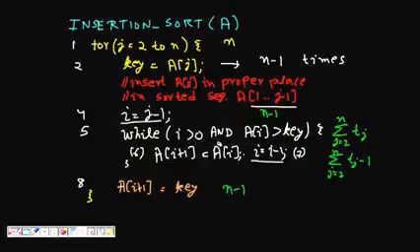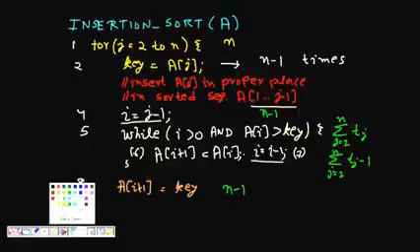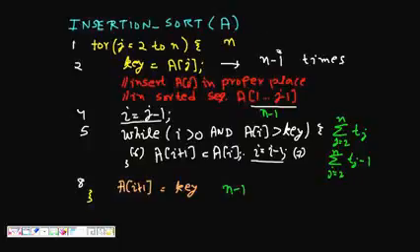And now we want to analyze this algorithm. So for each line we will see how many times it was executed. The first line is executed n times, because it's a for loop and it's running from 2 to n.